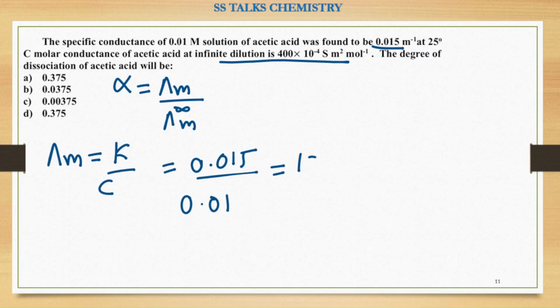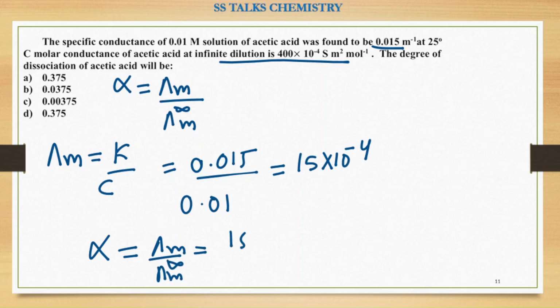Solving this, the value will be 15 into 10 raised to the power of minus 4. So now the alpha value is going to be lambda m upon lambda m at infinite dilution, which is 15 into 10 raised to the power of minus 4 upon the given one, which is 400 into 10 raised to the power of minus 4.